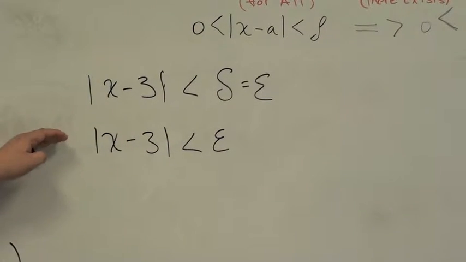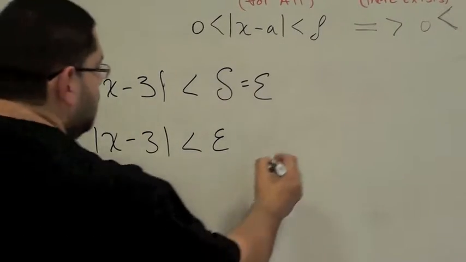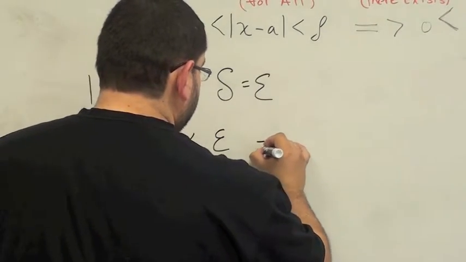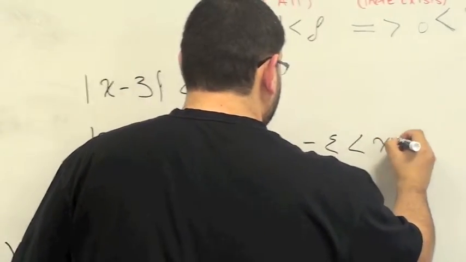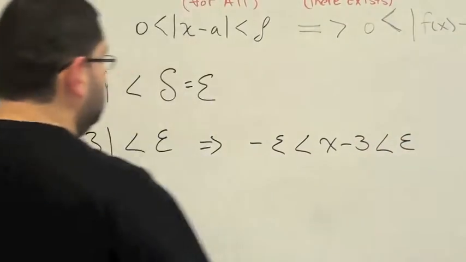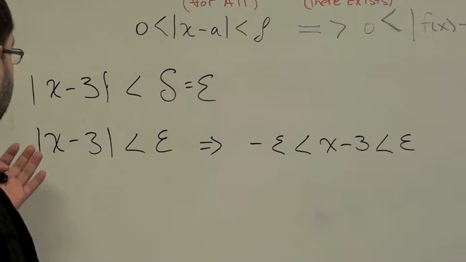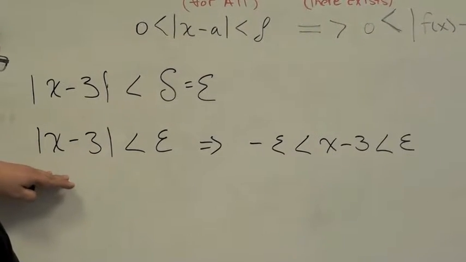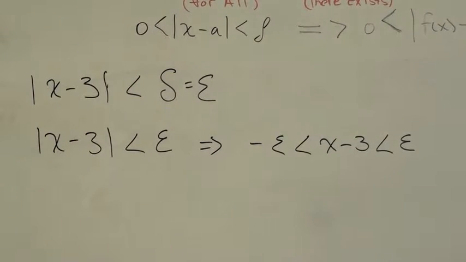Now we can open this absolute value as negative epsilon less than x minus 3 less than epsilon, right? So what we did here is just splitting the absolute value both ways, the positive and the negative.